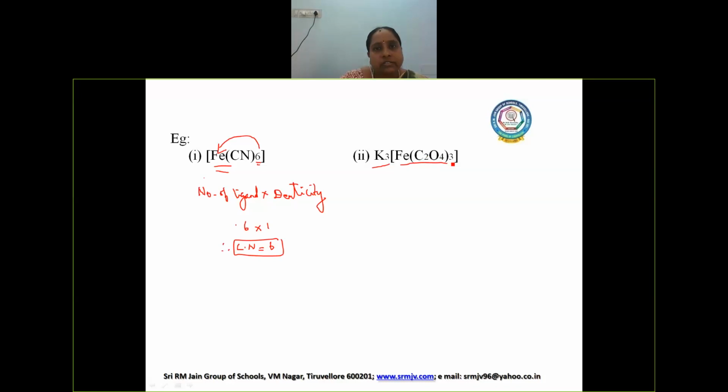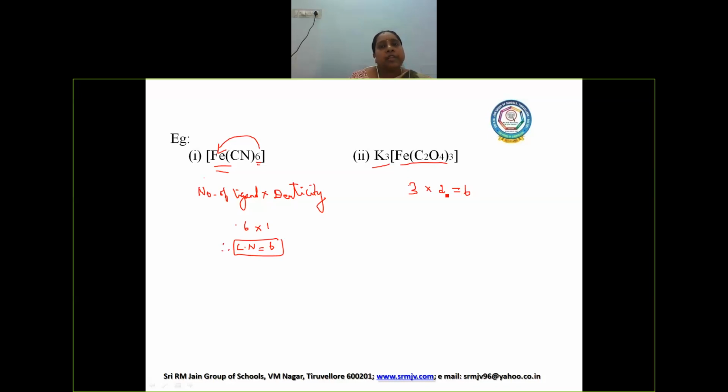Three oxalates are present as ligands with the central metal atom. So to calculate that, three ligands are attached directly to the central metal atom and oxalate is a bidentate ligand, isn't it? So the denticity is 2. Actually, the coordination number is 6.